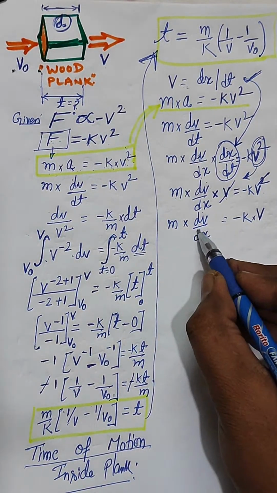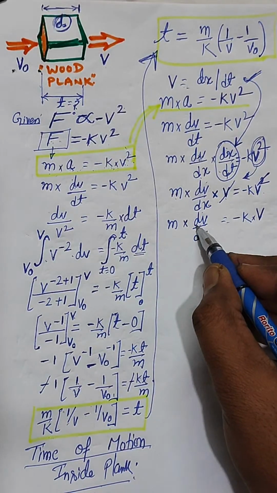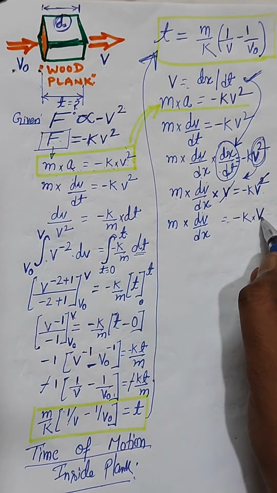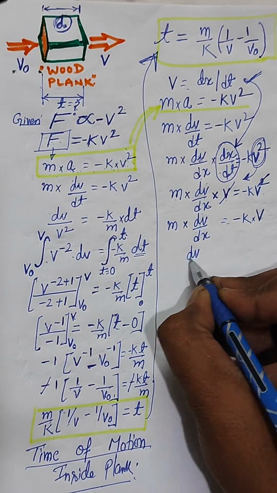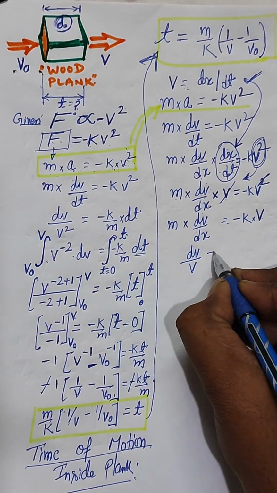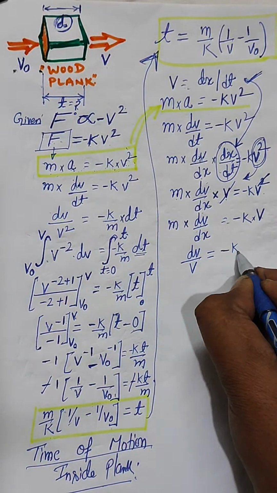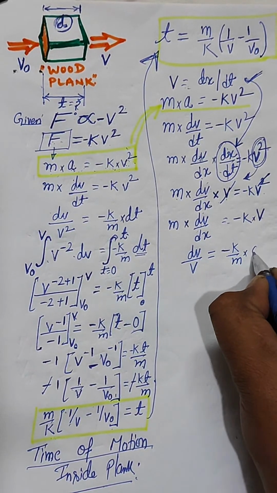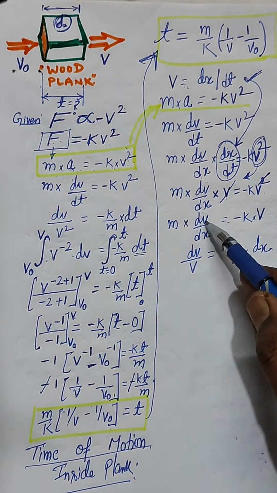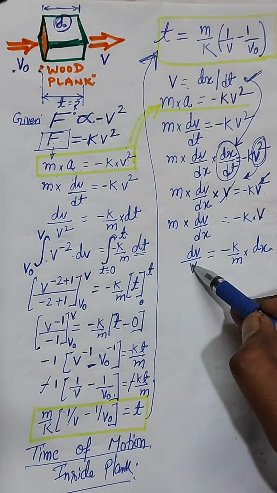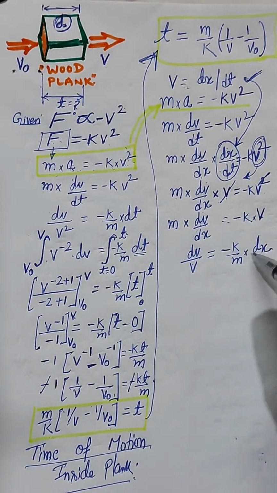Now from here, we need to differentiate v with respect to x, so v should come along one side. So it will become dv by v is equal to minus k by m times dx, isn't it? What we did, we just kept all v on one side and the other terms on the RHS.